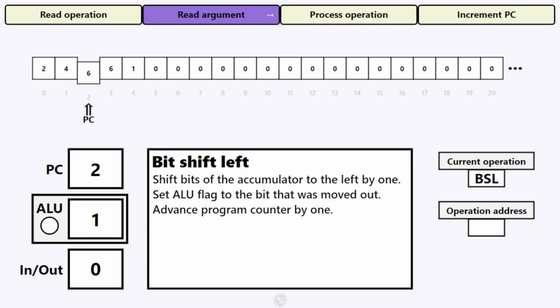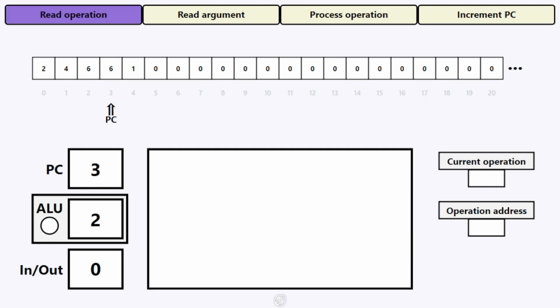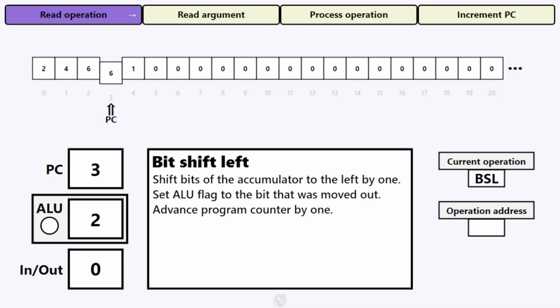So instead of 0, 0, 0, 0, 0, 0, 0, 1, we now have 0, 0, 0, 0, 0, 0, 1, 0. Or in decimals, 2. And we do another bit shift left, taking all the digits, moving 1 to the left, and the most right one is just filled with a 0.